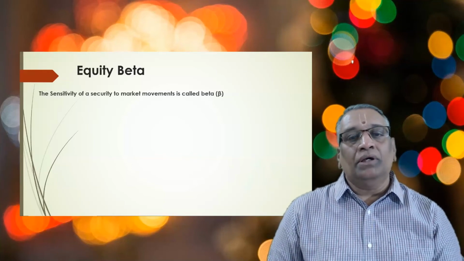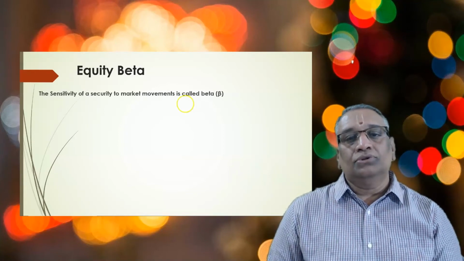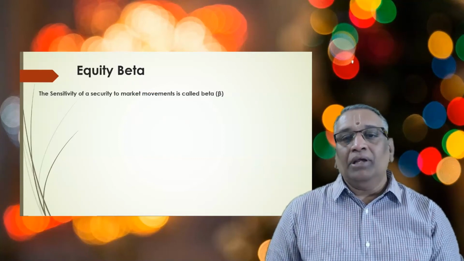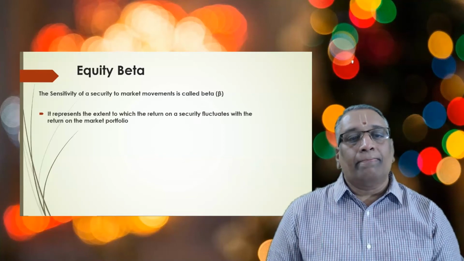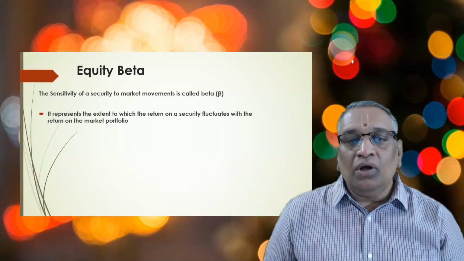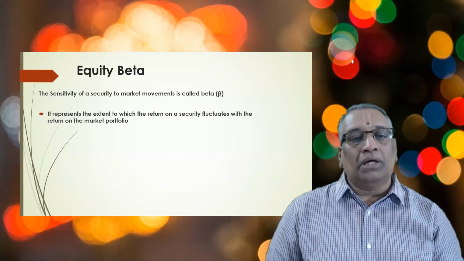Here we are applying it to the price movements of the equity stock, so we are calling it equity beta. For any price movements, the sensitivity of the concerned financial security for which the beta can be calculated. It represents the extent to which the return on a security fluctuates with the return on the market portfolio.